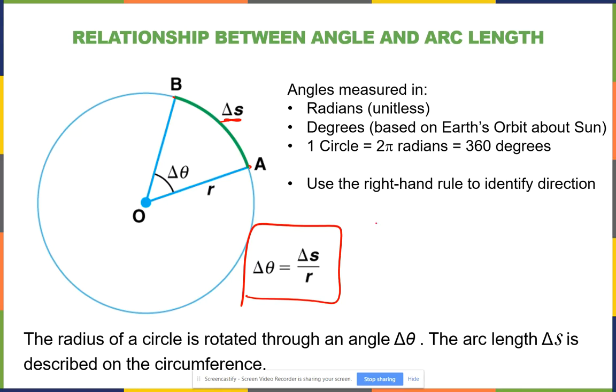Now, I just said that the angular speed is the change in angle over change in time. But the change in angle, according to this, is change in arc length over radius. But change in arc length, that's distance covered per time, and distance covered per time we call the speed.